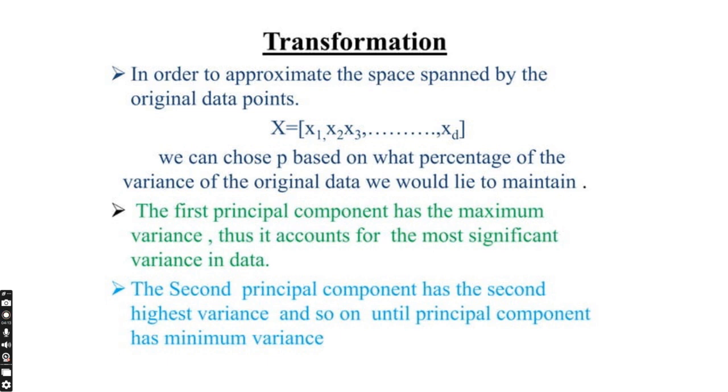The first principal component has the maximum variance, thus it accounts for the most significant variance in the data. The second principal component has the second highest variance and so on, until the last principal component has minimum variance. So every time, the principal component analysis is extracting the features, reducing the dimensionality and identifying the patterns.